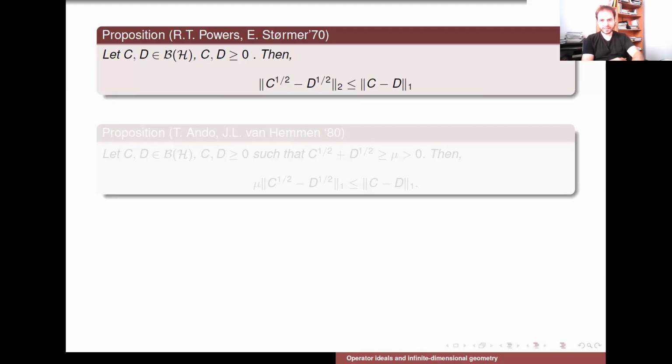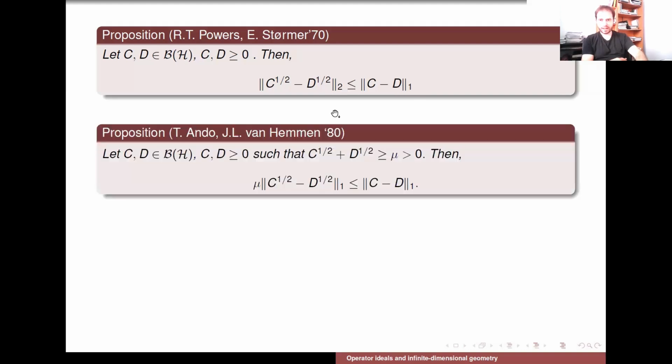So the condition that the square roots belong to the Hilbert-Schmidt ideal is related to the equivalence of that class of states. But here we have that our ideal changes.